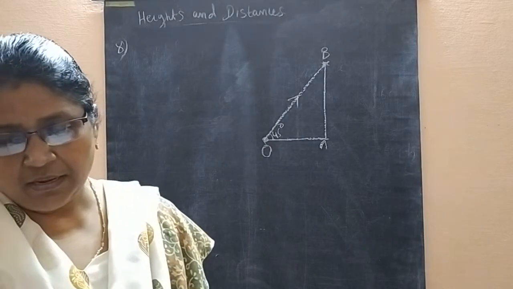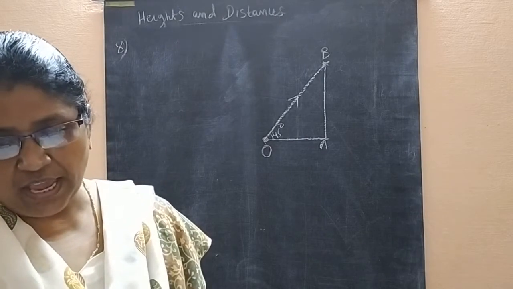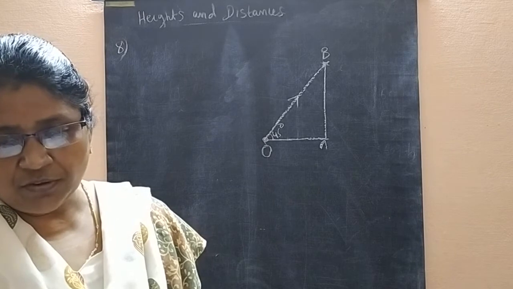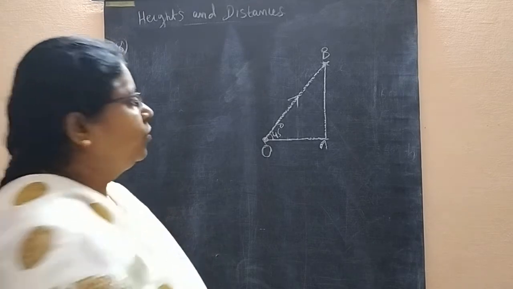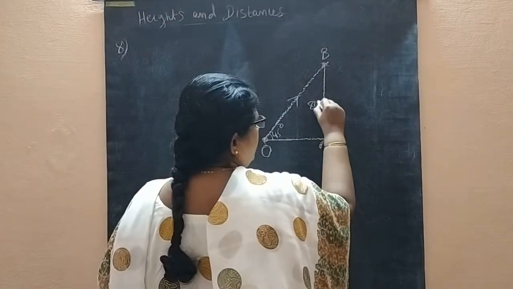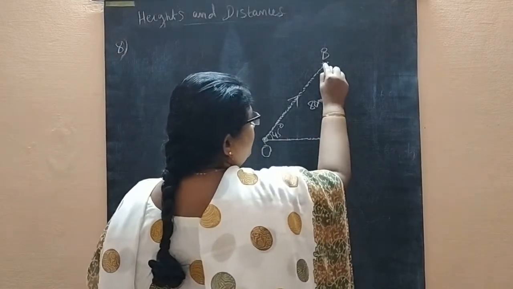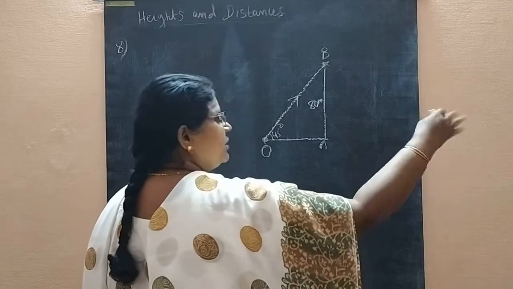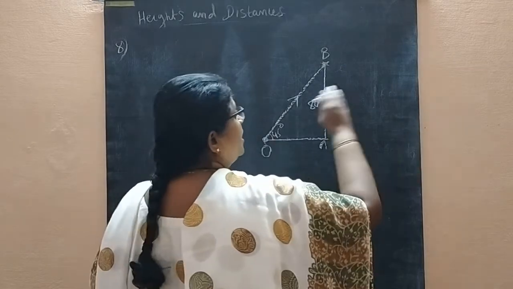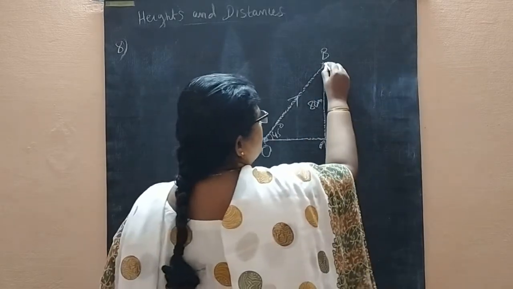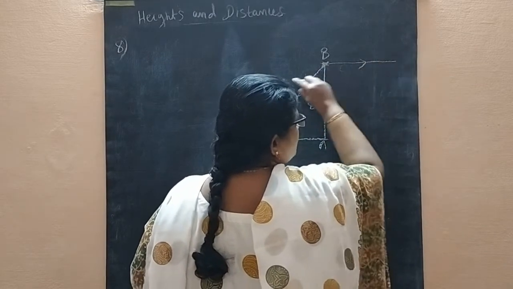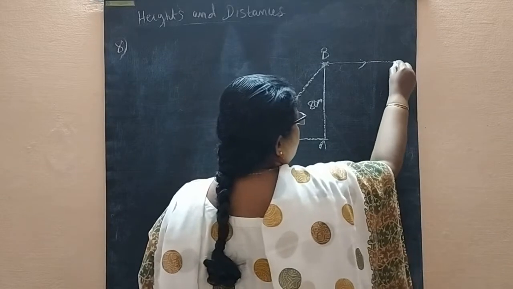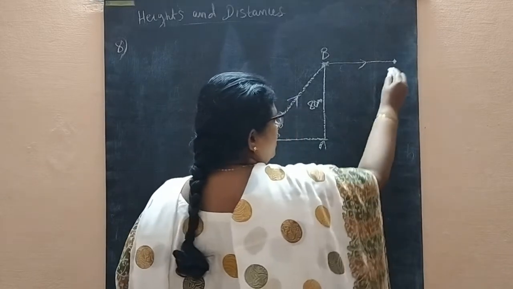Then what happened? The bird flies away from the point of observation horizontally. So, it is 80 meter high. Bird flies away from the tree horizontally at a constant height. So, it is flying this direction horizontally. After some time it reached here.